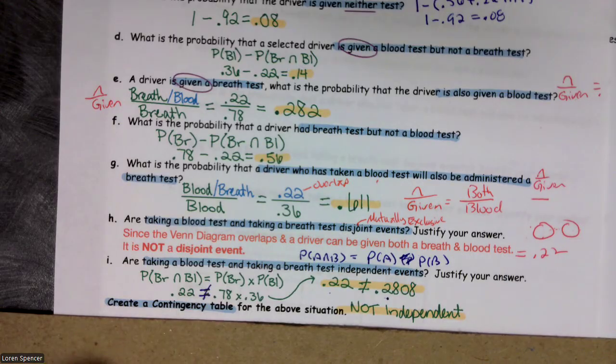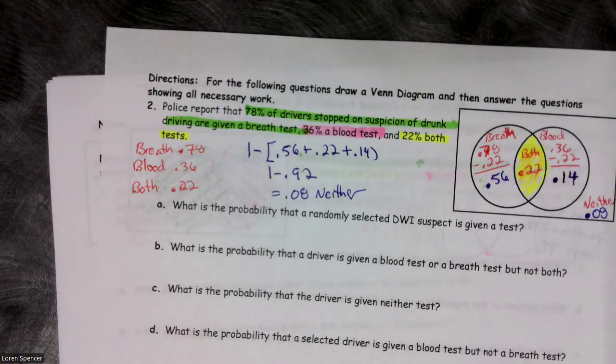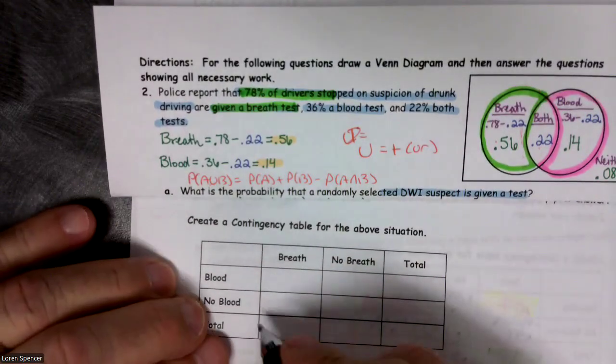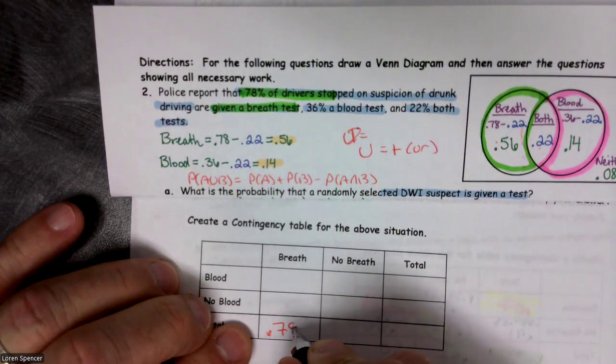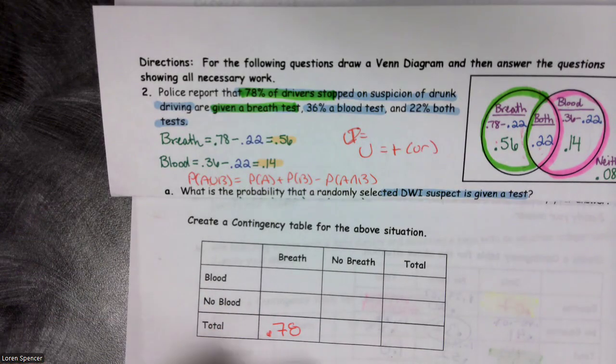Okay, the last thing it asks us to do is create a contingency table for the above. So let's look back at our problem. Well, first off, what was the probability? 78% are given a breath test. So 78%. That tells me right here, my breath is going to be 0.78. And by the way, I could go ahead and skip ahead and do the easiest part.